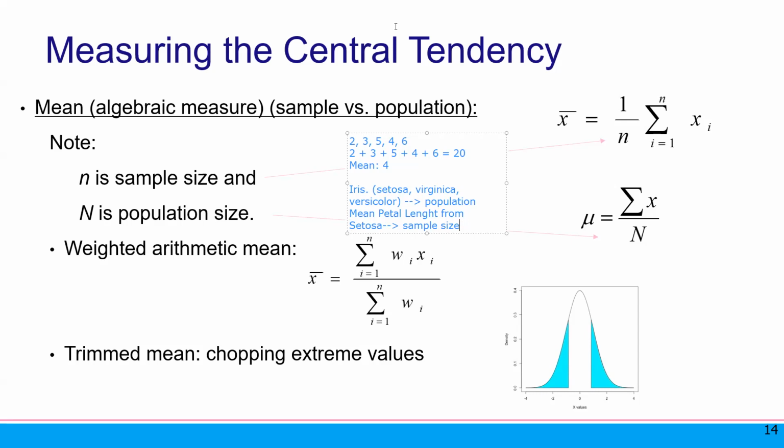There is another kind of mean, we call it the weighted arithmetic mean. So we can put weight. What is weight? One instance might be more important than another instance. Or we can also find the trimmed mean. It means we want to chop extreme values. Do you know what chop means?